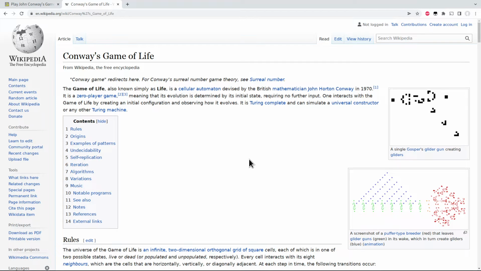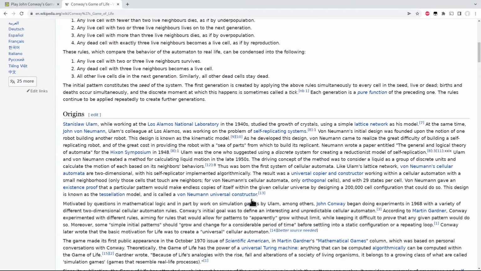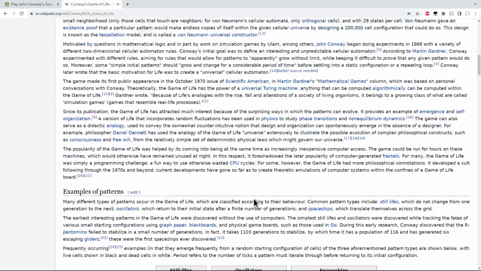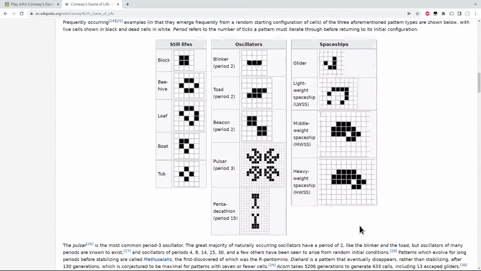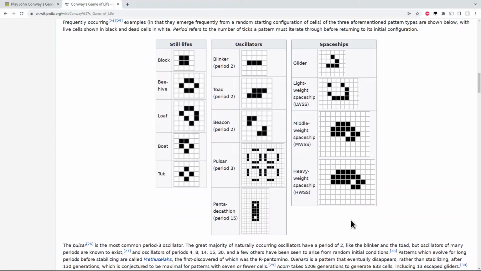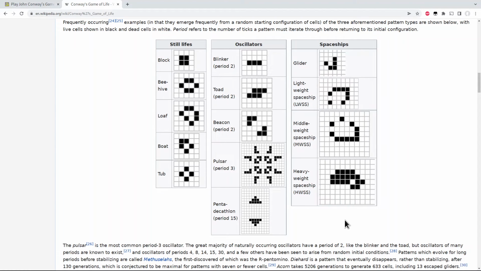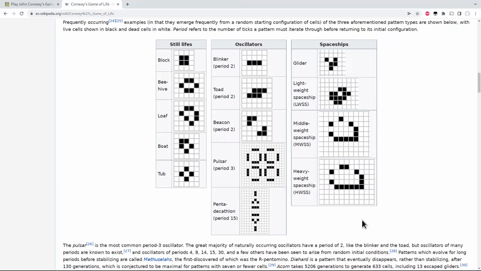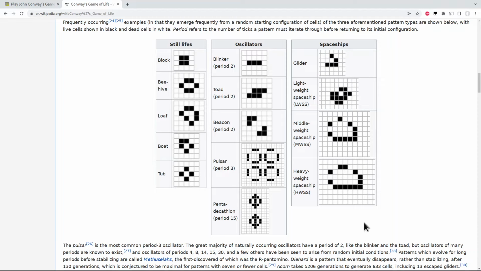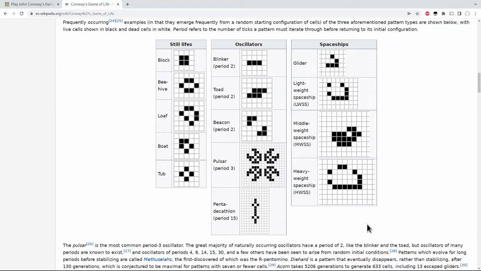The other reason I want you to have a look at the Wikipedia page is because after stating the rules and talking about its origins, it gives more examples of interesting patterns. Again, feel free to try these on the other website and play around and see whether you can use these as building blocks or functions, as we've talked about previously, to make larger, more interesting patterns.